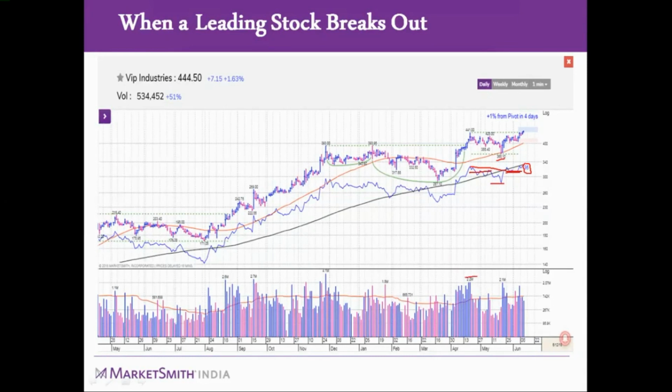You can see that from the volume. So all those things need to be used in harmony, and this will give you a very good confirmation. Once you have narrowed down that a stock has good earnings and good relative strength, and its relative strength line is close to its all-time high or near its 52-week high, just keep an eye on whether the stock is being accumulated or not.